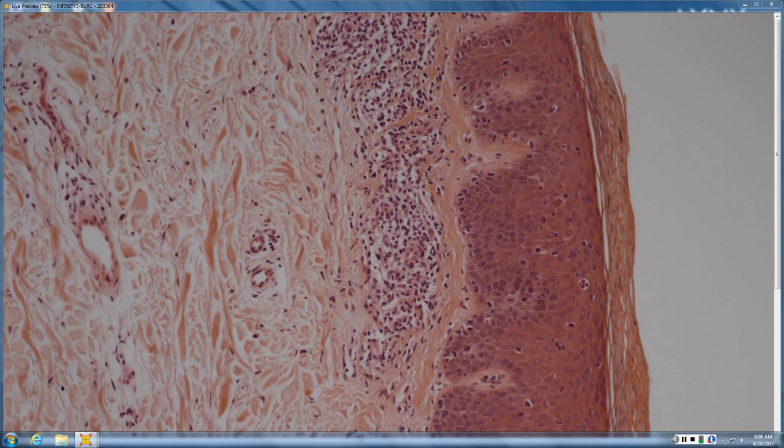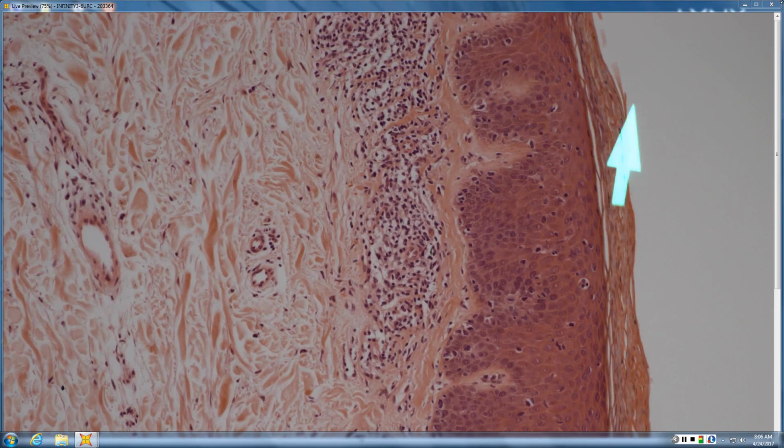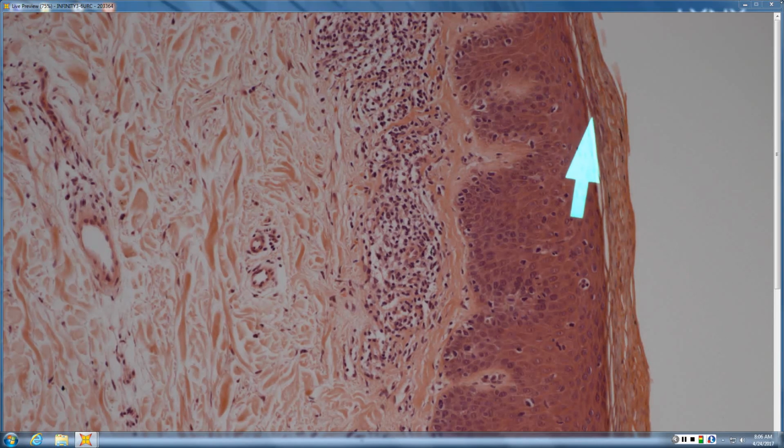So in this case, let's walk through it. First off, you have a little parakeratosis, which is actually unusual in MF. MF is usually a compact orthokeratotic cornea. You have basilar tagging. You have papillodermal fibrosis, which is just a sign of chronicity.